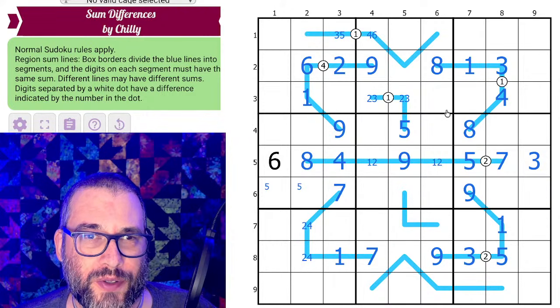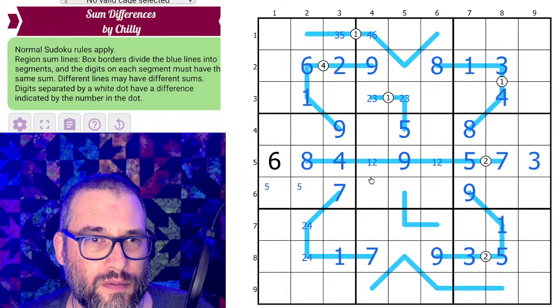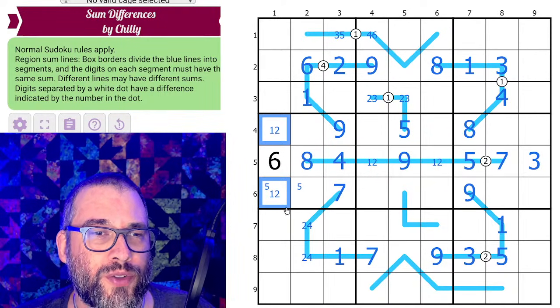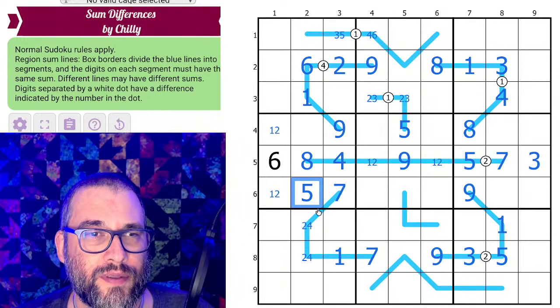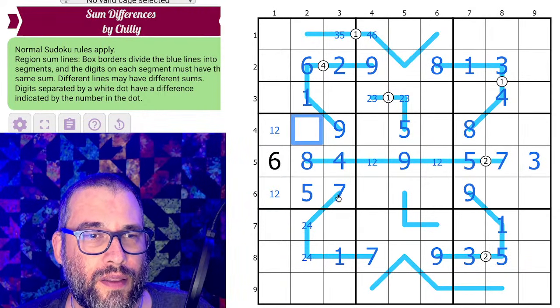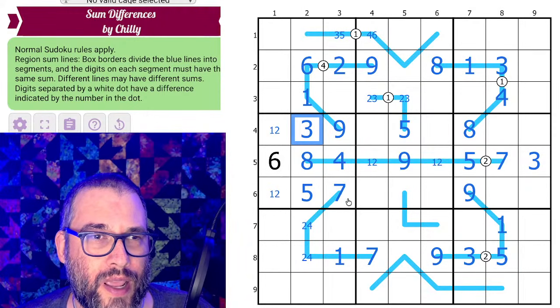What else must we consider? This is a 1-2 pair is what we must consider. So that's a 5. This is a 3.